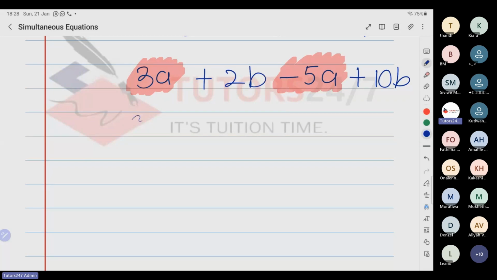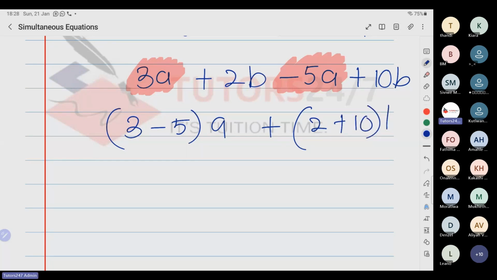So put 3 minus 5 and then bring down the a. Then put the b like terms: 2 plus 10, bring down b. You'll get -2a plus 12b. Okay, so just put the numerical values of the like terms into your calculator, bring down the variable, that's it.